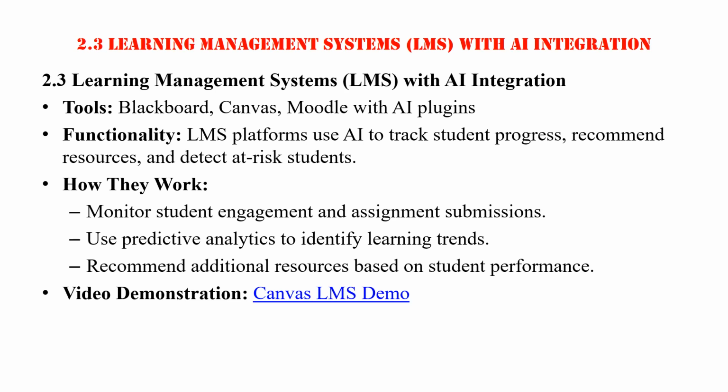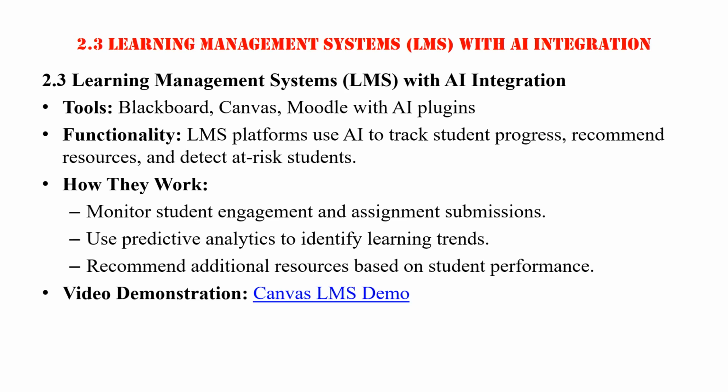Some can recommend resources and detect at-risk students, and some monitor students' engagement and assignment submissions. They can use predictive analysis to identify learning trends and recommend additional resources based on student performance, and so on.